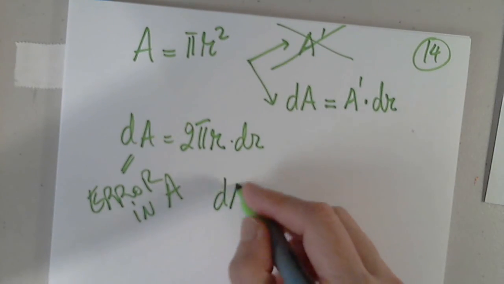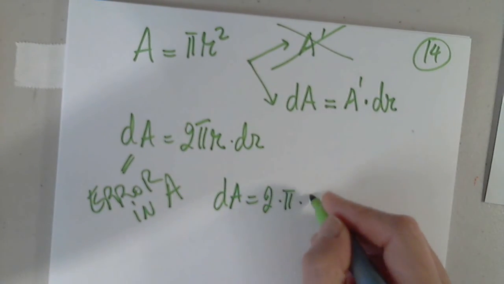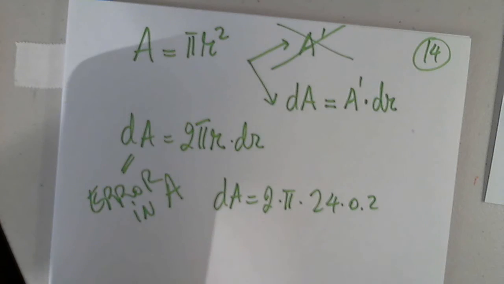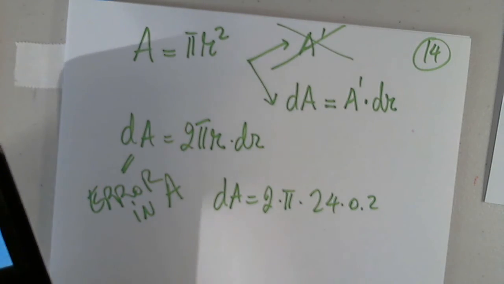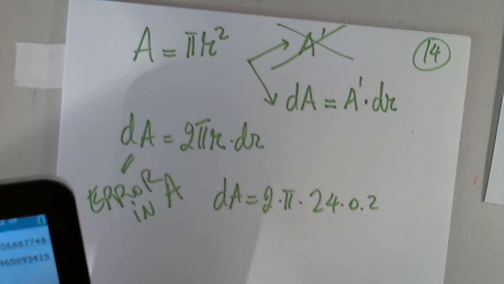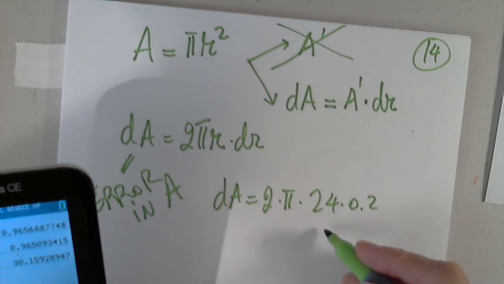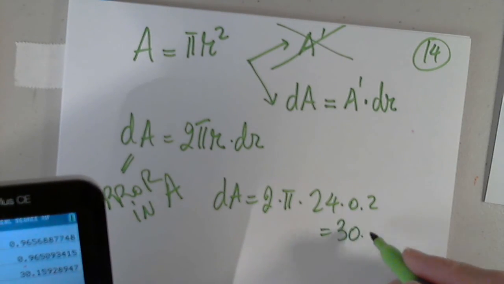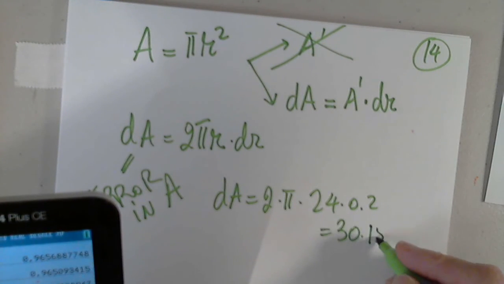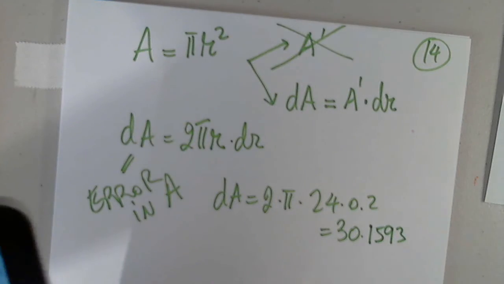Very nice. dA equals 2 times pi times 24 times 0.2. So I'm going to multiply 0.4 by 24 and times pi. And I got the error in area, 30.1593.